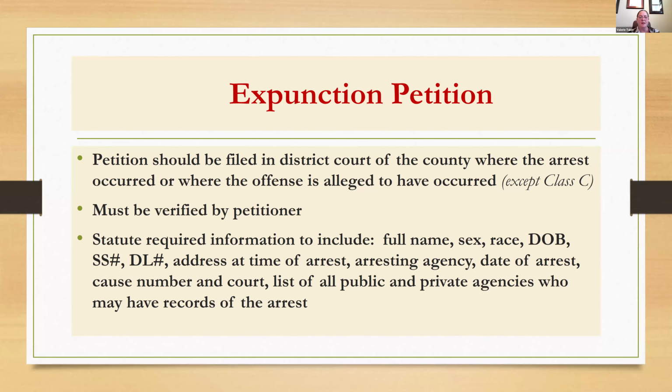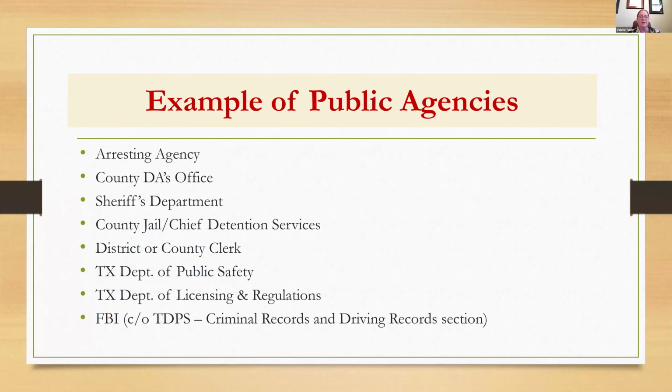So once you file the petition, you try to put in there all these agencies. Here are examples: the arresting agency, the county DA's office, sheriff's department, county jail, chief detention, district or county clerk, Department of Public Safety, Department of Licensing and Regulations.